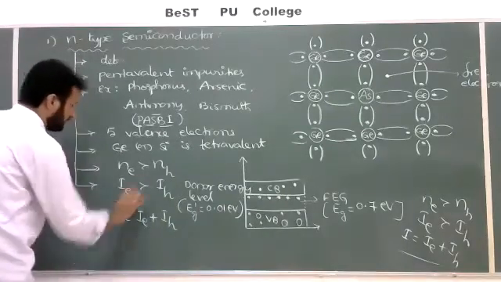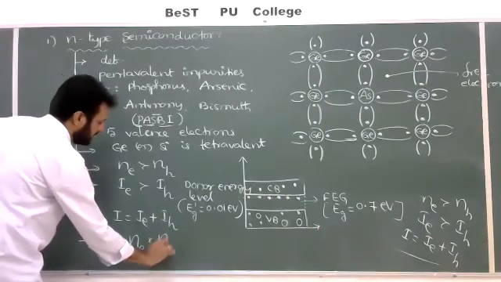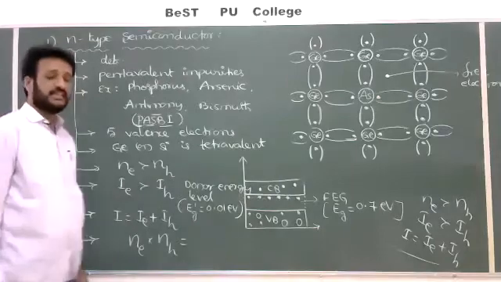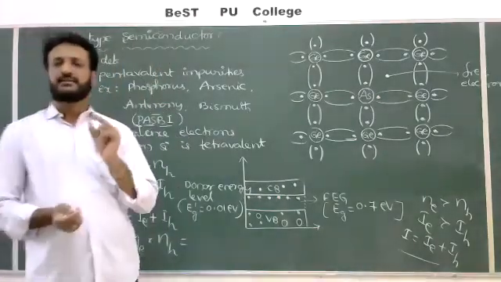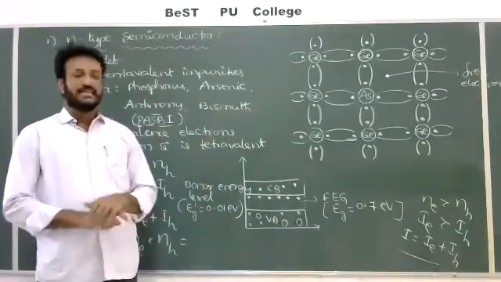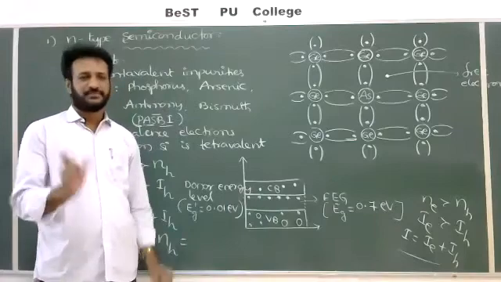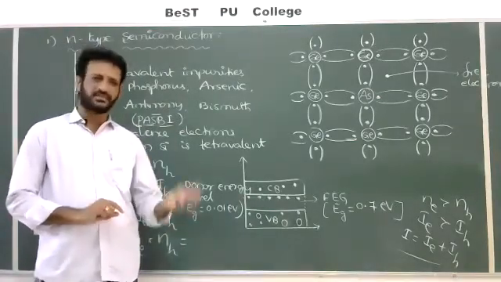For example, if you multiply Ne into NH, what will you get? As mentioned in the last class also, Ne is the number of electrons in the conduction band, NH is the number of holes in the valency band, Ni means intrinsic charge carriers, which are either electrons or holes.